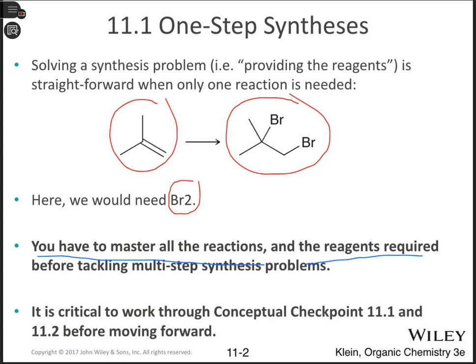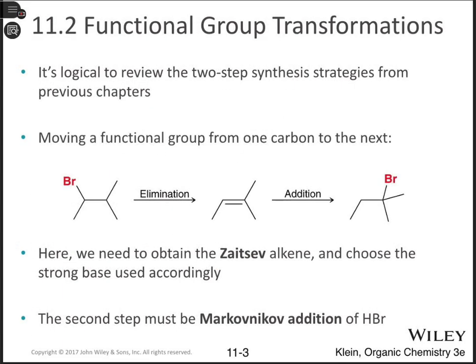You really have to have a good understanding of those reactions before you start working on synthesis. So if you're not sure about what a reaction gives, what the product is, before you do a synthesis, you should go back and go over the reactions we covered, because if you don't know the reactions, it's a waste of time to even try to do a synthesis.